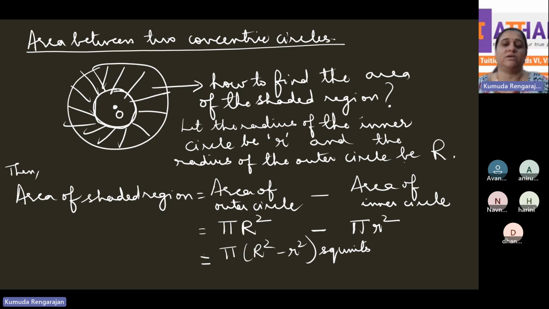You say L into B. But what is the answer? L into B is a formula. When I give you the length and the breadth of the rectangle, then you can find the answer. Area of the shaded region is equal to pi, capital R square minus small r square, square units. This is the formula.